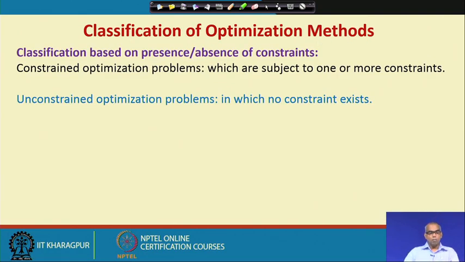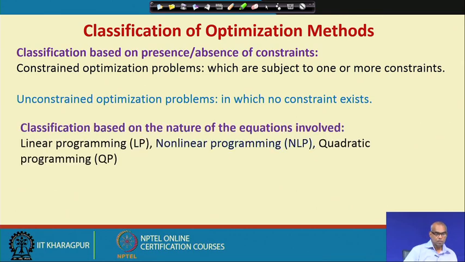Next, let us briefly talk about various classifications of optimization methods or optimization problems. Optimization problems can be classified in various ways. One classification may be based on the presence or absence of constraints. Constrained optimization problems are those which have one or more constraints. Unconstrained optimization problems are those which do not have any constraints.